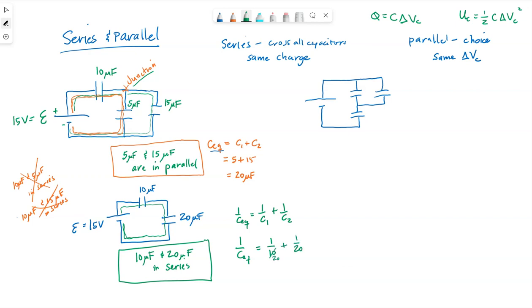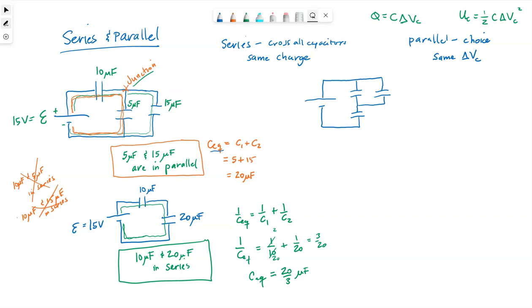So 20 to 3 over 20. But again, make sure we flip it because we have 1 over C equivalent. So the equivalent capacitance we're calculating is 20/3 microfarads.